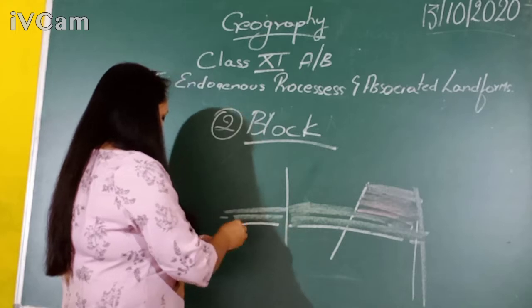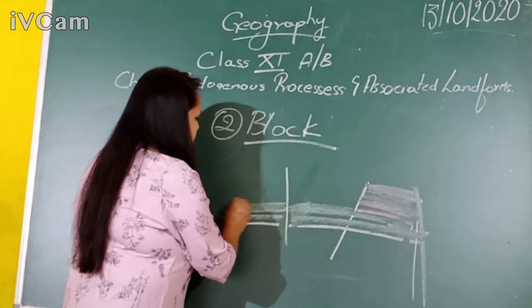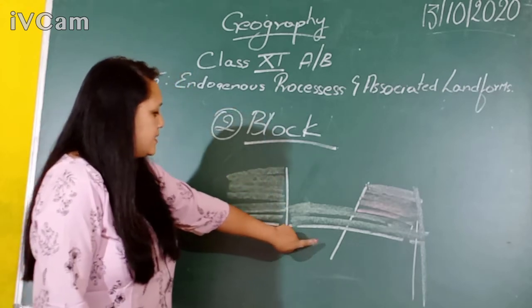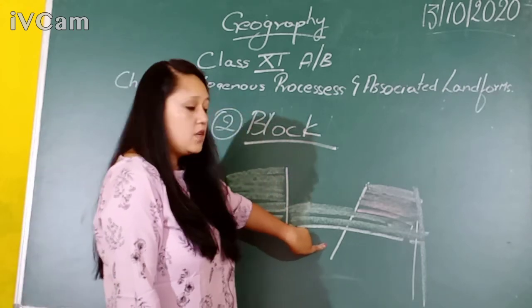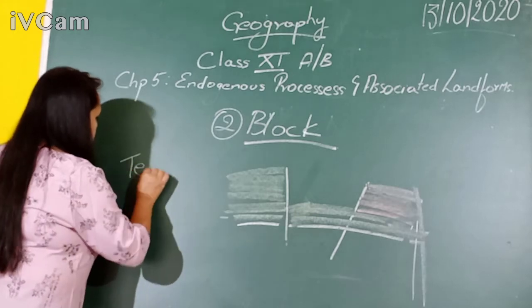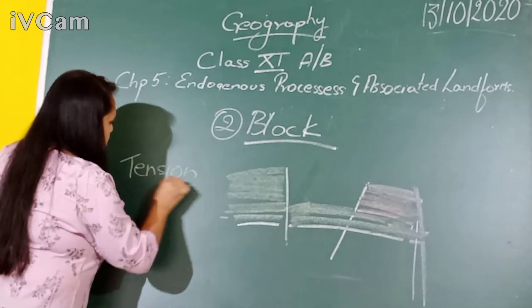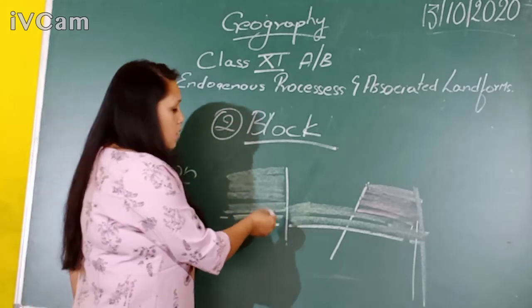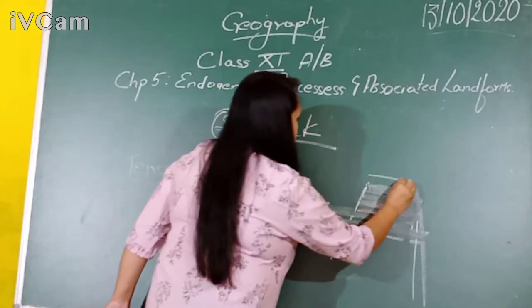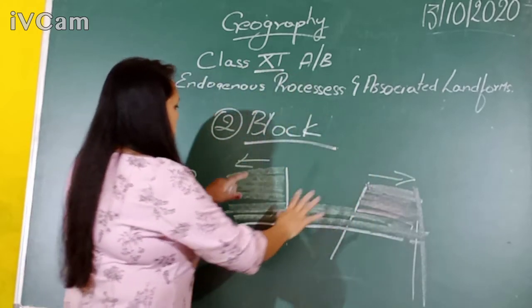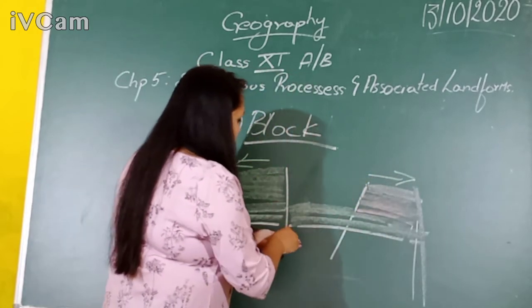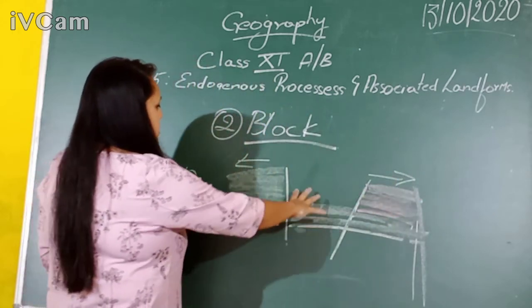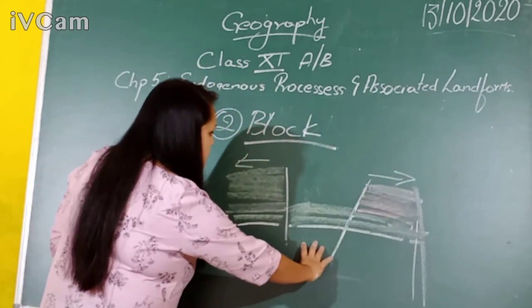Now you can see that because of the cracks, or parallel cracks, that take place on the surface of the earth. Remember we talked about tension. Tension is a force which is moving away. When these land masses move away from the fault, some part of the land moves down.